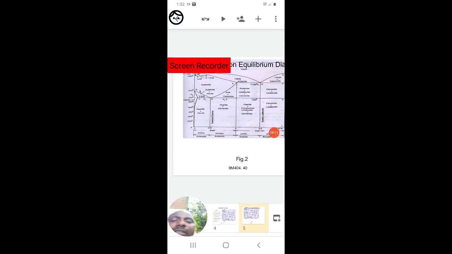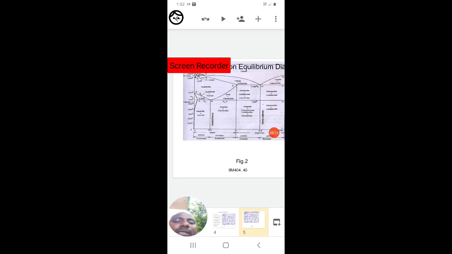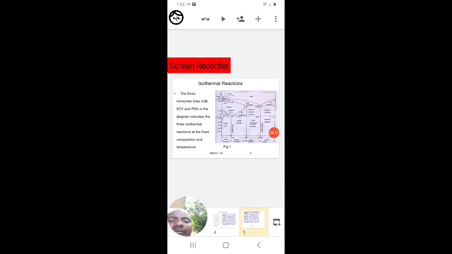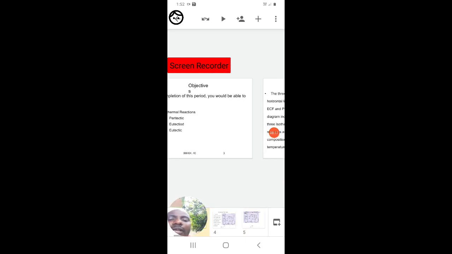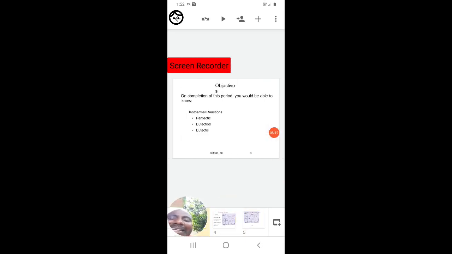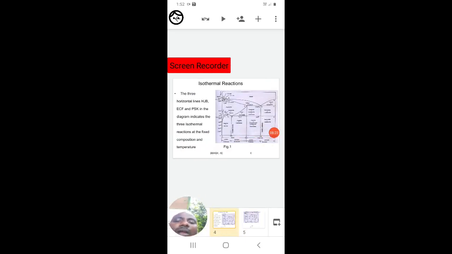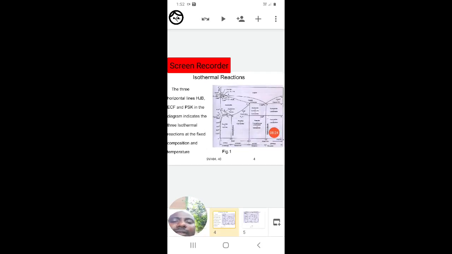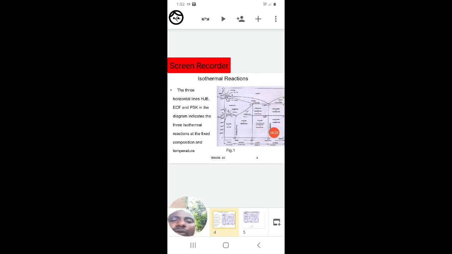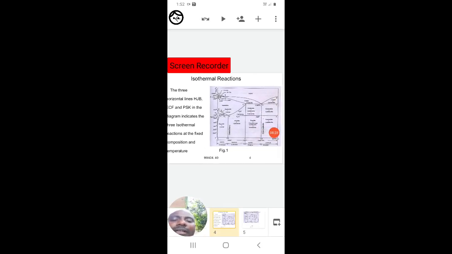Today we will see how the isothermal reactions occur at the critical points. There are three horizontal lines, and this diagram is very easy to construct. First we draw a rectangular box, with the baseline first.